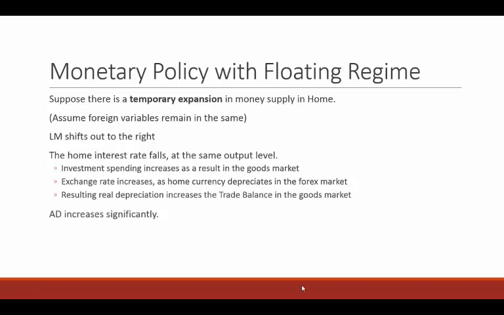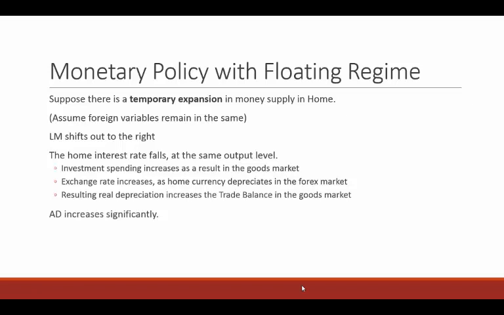Assuming there are no shocks or changes to relevant variables in the economies of the US trade partners, we will expect the following to happen. The increase in money supply will cause the LM curve to shift out to the right. As a result, the interest rate falls to try to restore equilibrium in all markets.